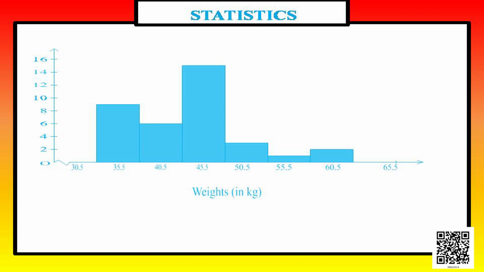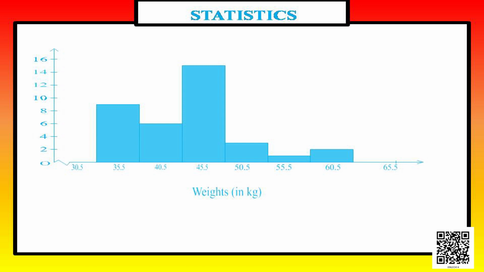So, we draw a straight line on top of that, and then in the next interval similarly 40.5 to 45.5, we draw the class interval on top of the width, and so on we go on doing them for all the class widths, and finally our figure is made. This is called our histogram. So, the difference between bar diagram and histogram is that there is no gap between the class intervals.